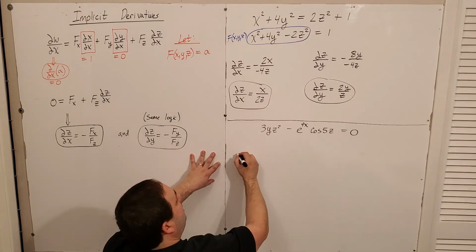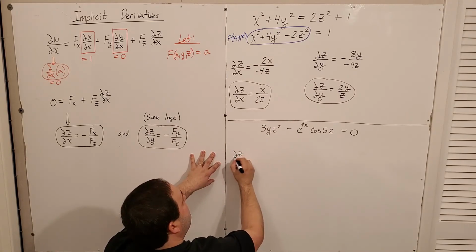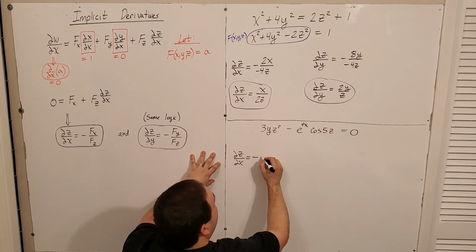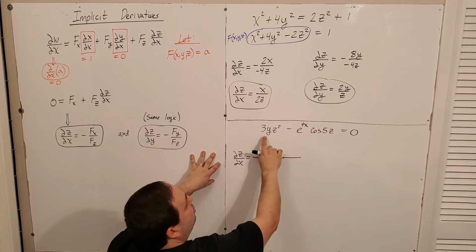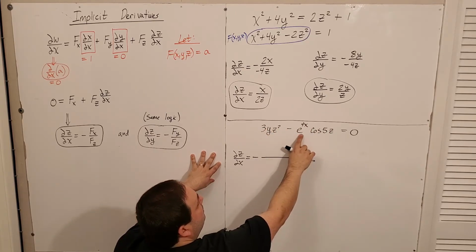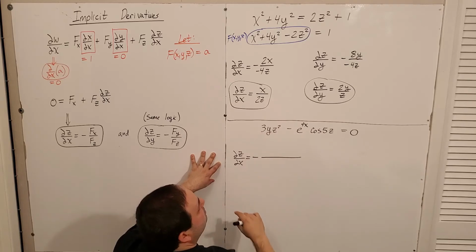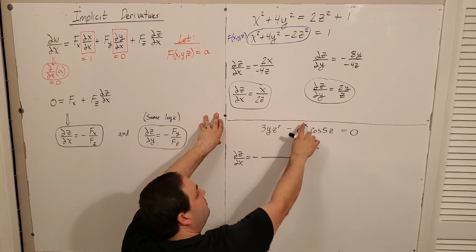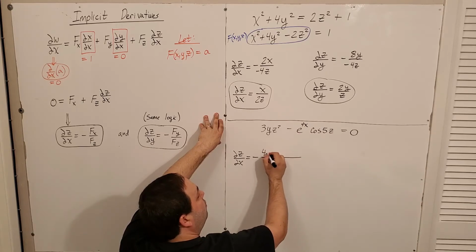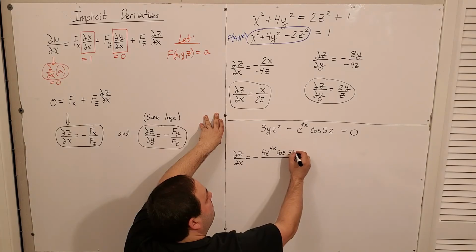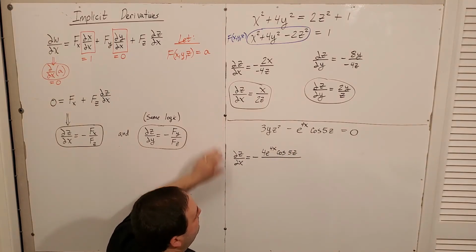So if I want my partial of z with respect to x, I will just take the negative, and then I've got the partial with respect to x in here somewhere. Well, it's just here. So this piece goes to 0, and then the derivative of one of these is just going to be 4e to the 4x, and of course the cosine 5z is along for the ride.